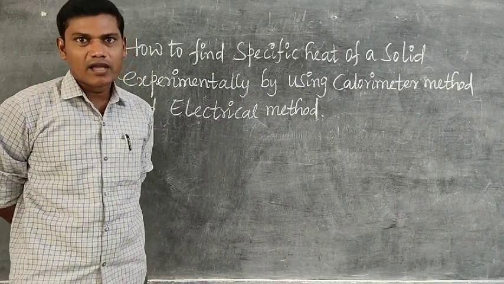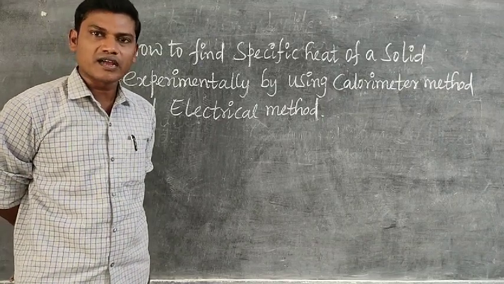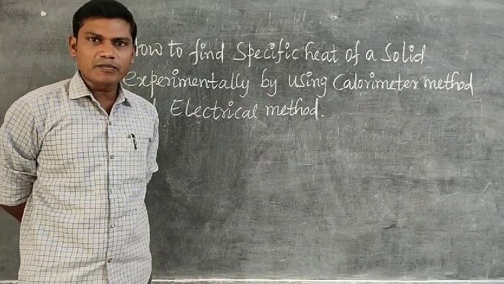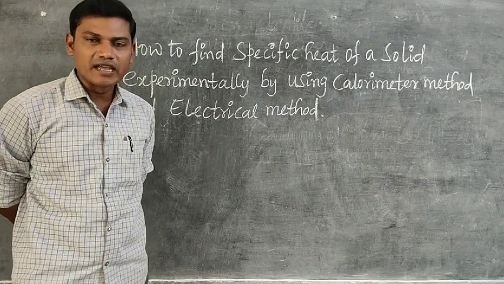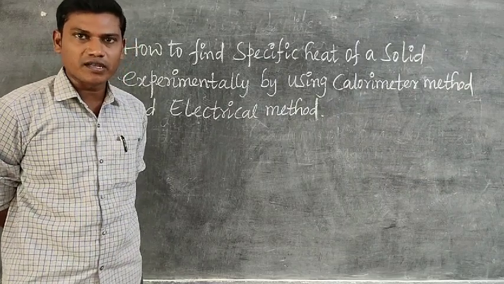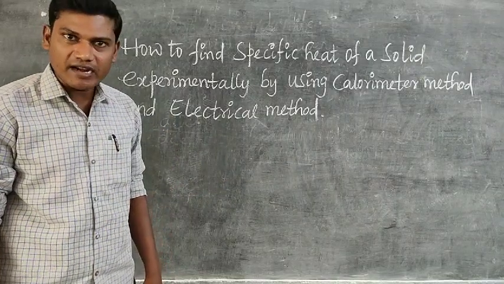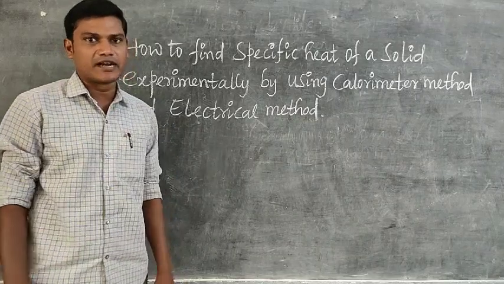That is nothing but the principle of calorimetry, or the principle of method of mixtures. Generally, by using the principle of method of mixtures, we can find the final temperature of the system when two bodies are in thermal contact with a difference in temperature. That we clearly discussed.